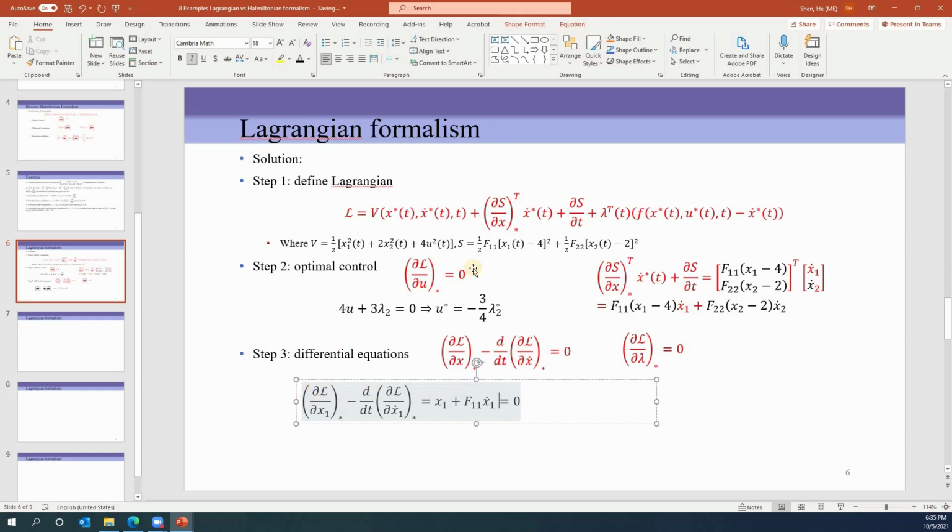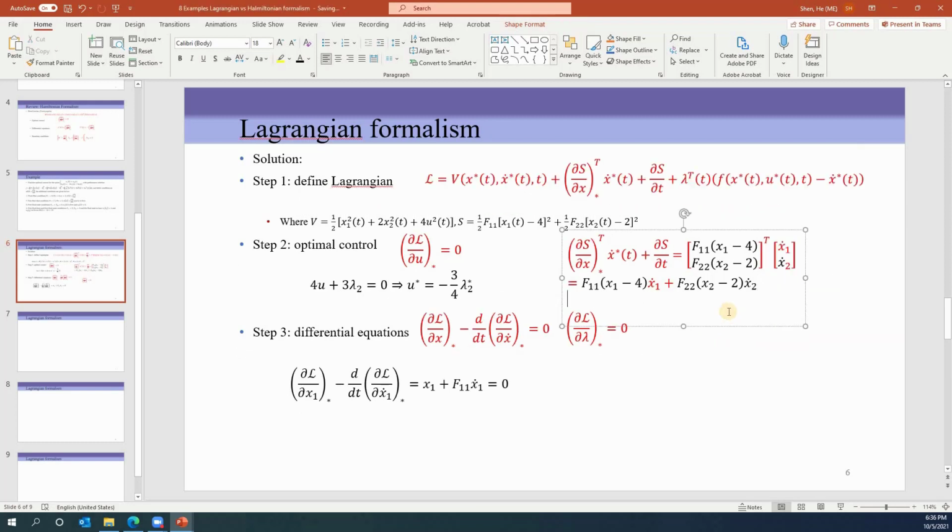And anything else? Partial L, is this a function of x1? We need to find out. Let's write this out as well. Don't have enough space. Let me just write it over here. And we have 2 lambdas, right? So you have lambda 1, lambda 2, transpose, times f minus x dot.